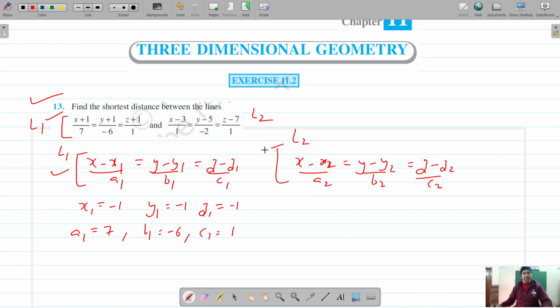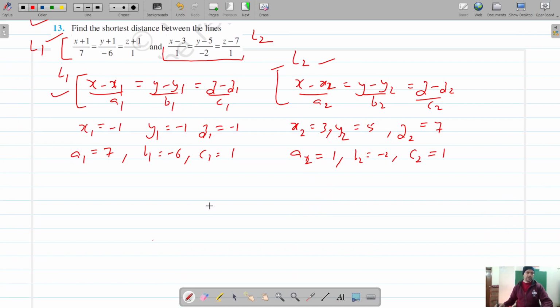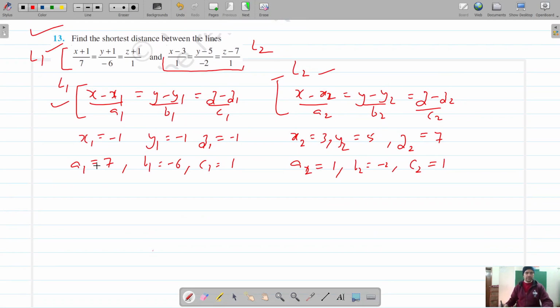Similarly, comparing line 2 with the standard equation gives x2 is 3, y2 is 5, and z2 is 7, and the direction ratios a2 is 1, b2 is minus 2, and c2 is 1.